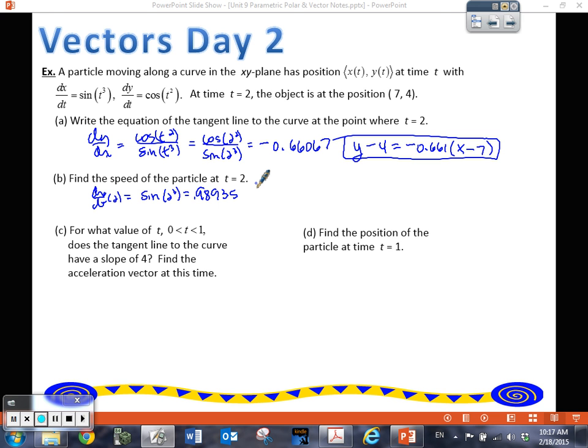Then we need dy/dt at 2, which would be cosine of 2 squared, which ends up being negative 0.65364. Okay, so here are our two values. That is our dy/dt at 2 and dx/dt at 2.